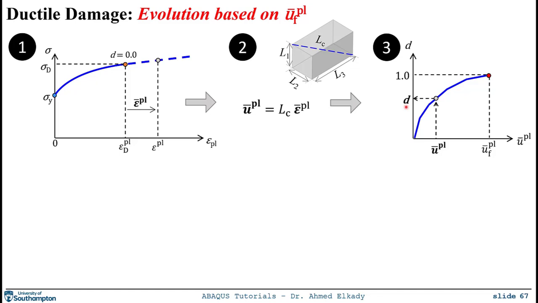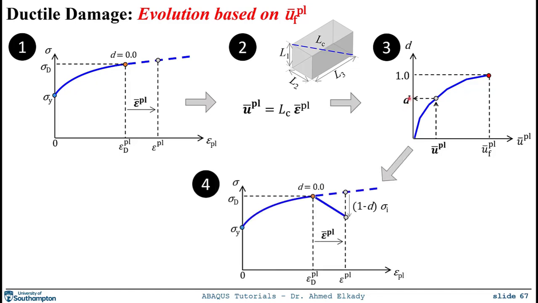Once Abaqus obtains the value of the damage parameter at the current step, then Abaqus goes back to your plastic material definition and reduces the true stress value by 1 minus d, and then you get the stress in the material, and then the equilibrium continues from this point on.